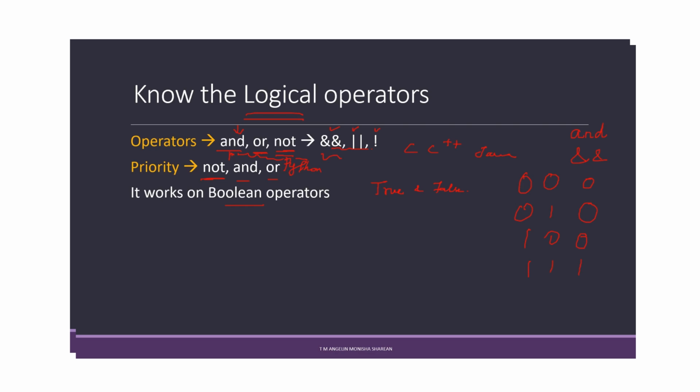As per the definition, it returns true or 1 if both the operands are true, else it is false. The logical operators work on Boolean values.